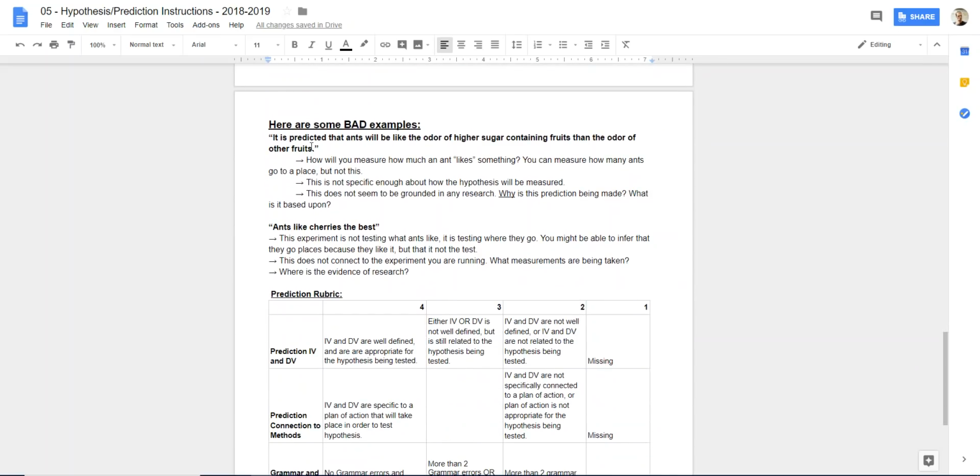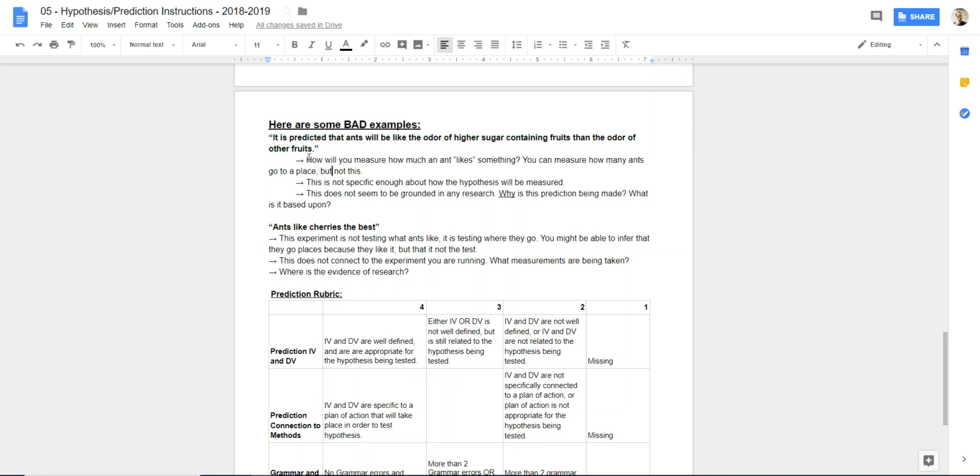The bad examples are probably sometimes the best way to figure out how to do this because you're seeing what not to do. So here's an example. This is a bad example. It is predicted that the ants will like the odor of higher sugar-containing fruits than the odor of other fruits. So first of all, it's got some bad grammar in there, but they're showing me that they're going to like the odor of higher sugar-containing fruits than the odor of others.